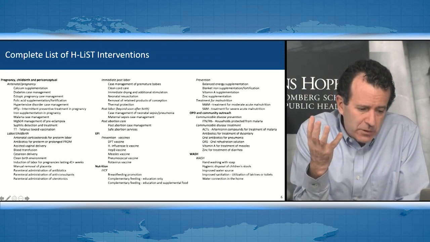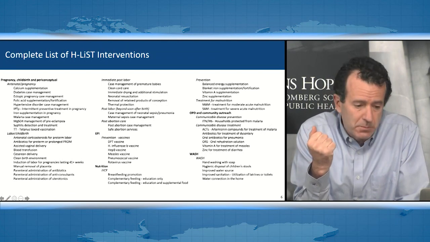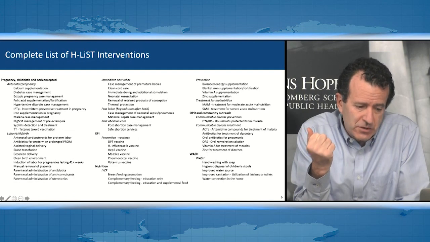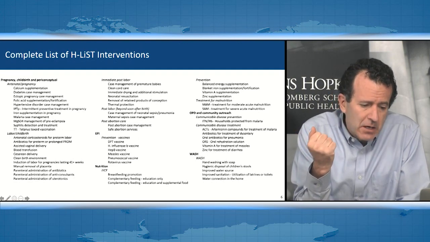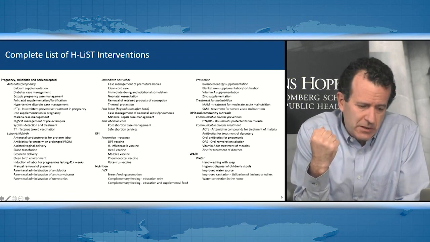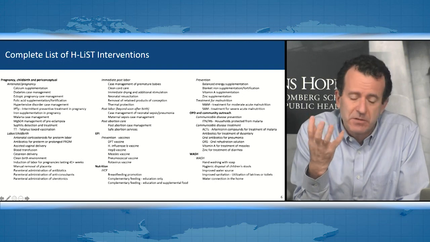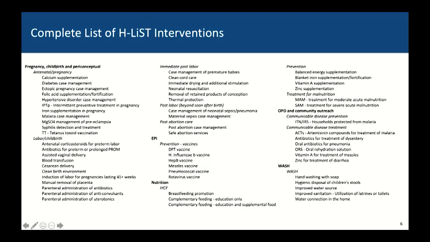OPD, community outreach, we've got some prevention activities such as insecticide-treated bed nets, and then we've got many communicable disease treatments such as ACTs for treatment of malaria, antibiotics for treatment of dysentery, etc. And then finally we have our WASH, and some of these interventions are hand washing with soap, hygienic disposal of children's stools, improved water source, etc.